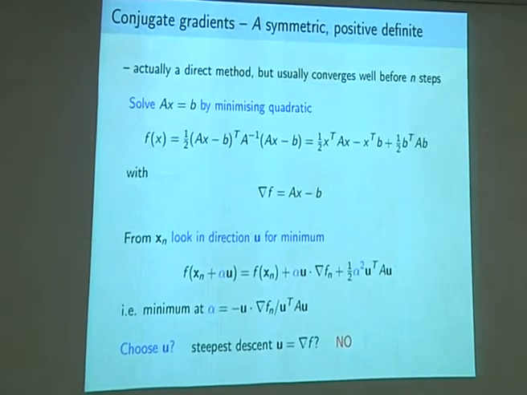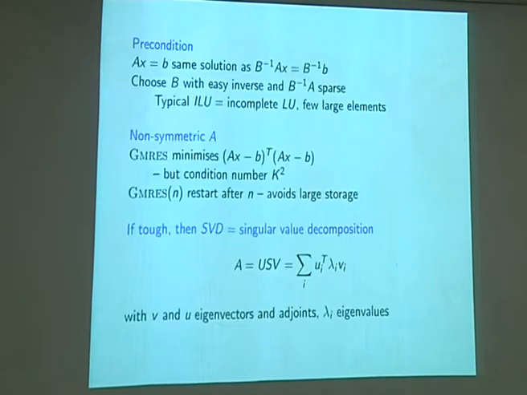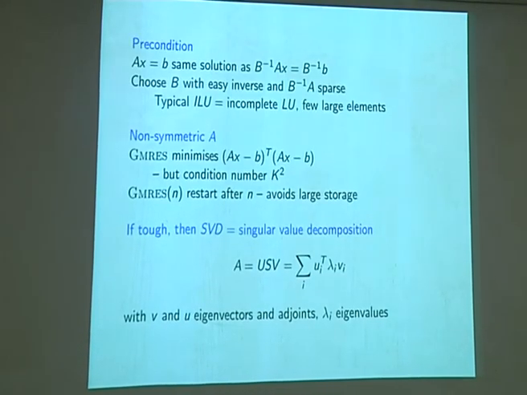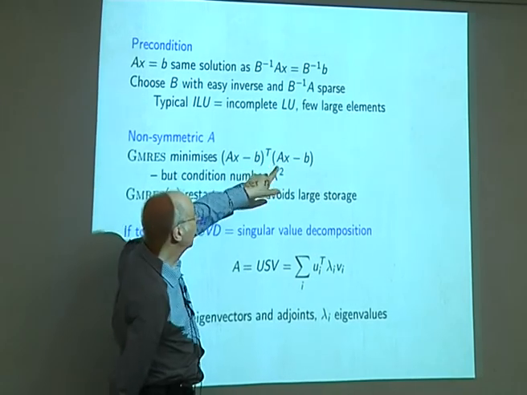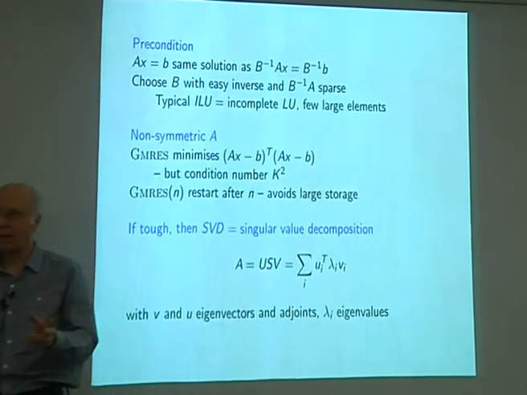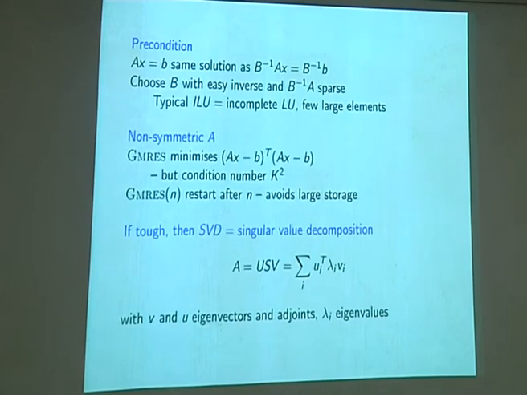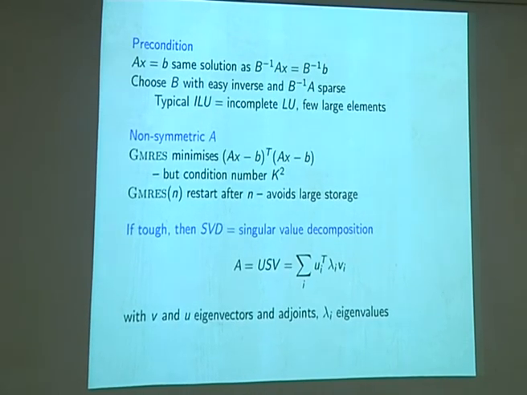When the matrix A is not symmetric, you have big problems, and there's something called GMRES, which minimizes, I had A inverse in here, but it minimizes the residual squared. Unfortunately, the condition number of this new quadratic is the square of the condition number of the matrix A. Before I'd inserted an A inverse here, which made sure that the problem still had a condition number of K.